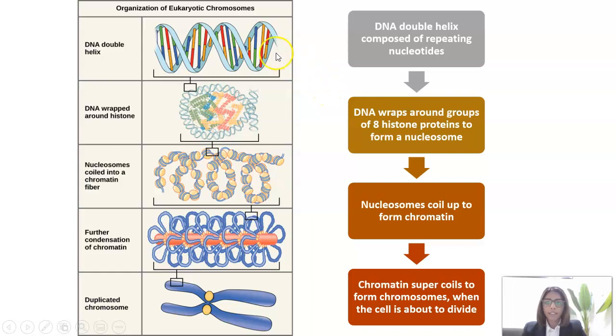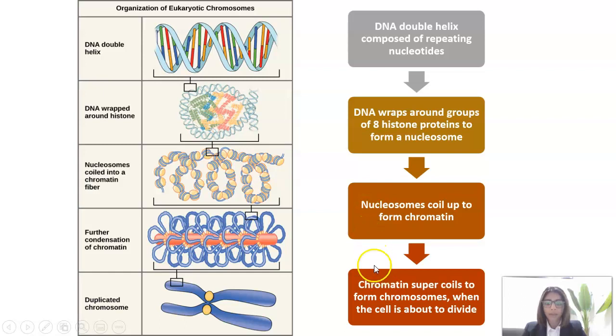Now, this is a large piece of material, so in order to condense it and wrap it up into a smaller space, DNA wraps around a group of 8 histone proteins, and that section of DNA wrapped around those proteins forms nucleosomes. Now, nucleosomes, you can see here these little spools with DNA on them, coil up to form chromatin.